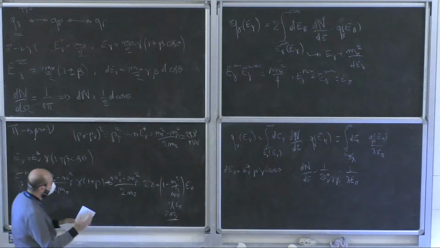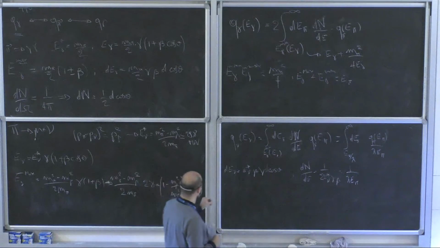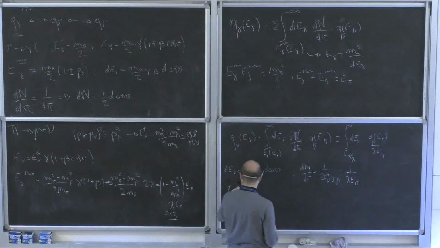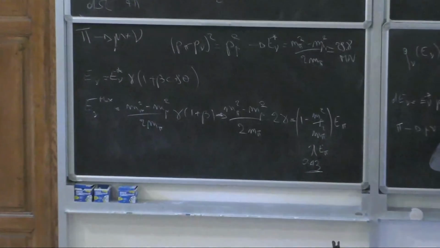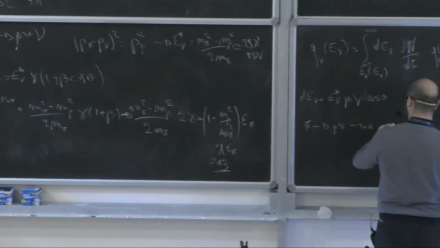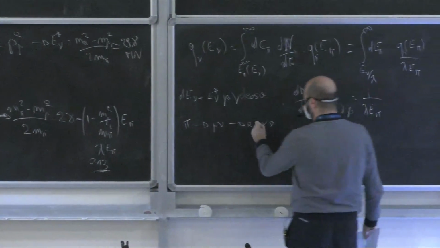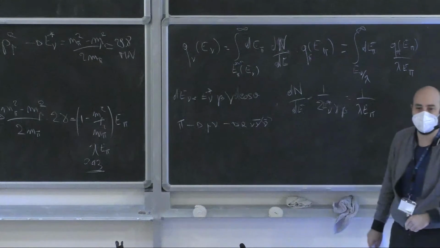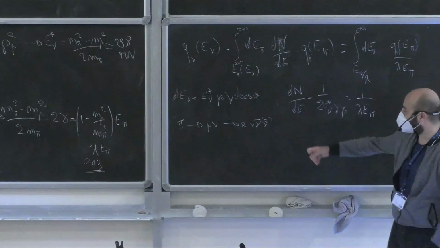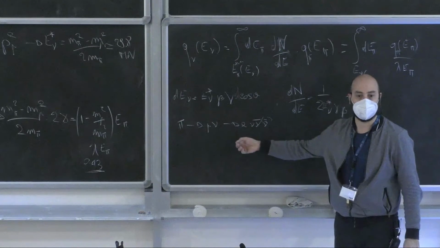But there are a few things that you can expect, of course, in the process pion going into muon plus neutrino, and then going into electron, neutrino, antineutrino. There will be at least one antineutrino, maybe two, depending on the sign. There are 4 particles in this final state.